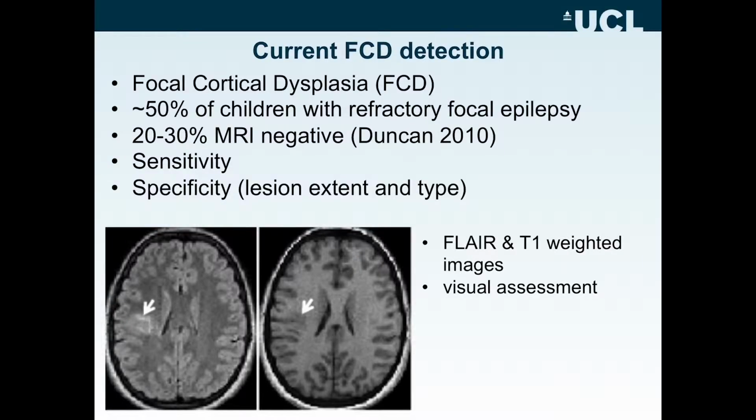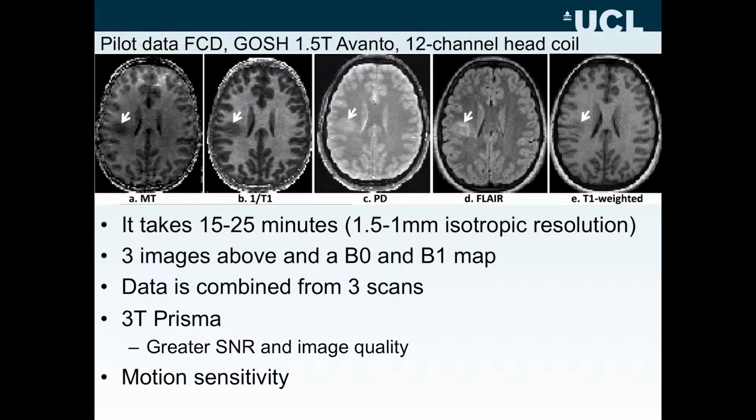However, currently about a third of potential lesions cannot be detected by conventional standard clinical imaging, and our challenge is to reduce this number, and we have a number of strategies that we would like to take: increasing the sensitivity of the images, reducing motion so we have less artifact and blurring in the image, and perhaps in the third stage to apply advanced machine learning and classification algorithms to these images.